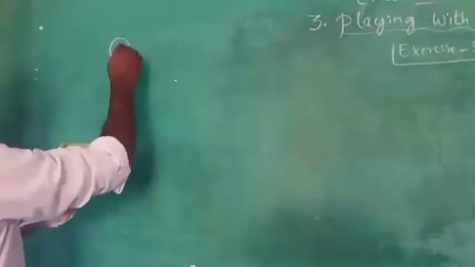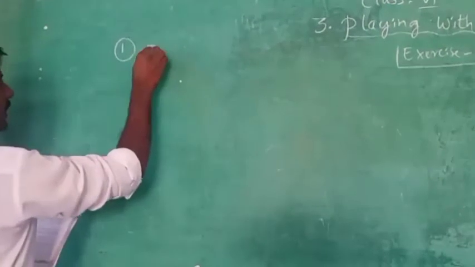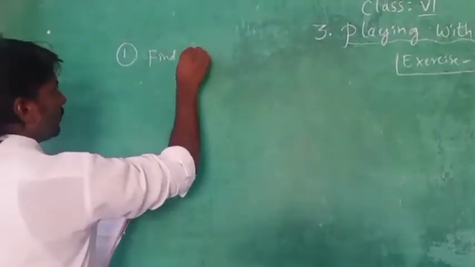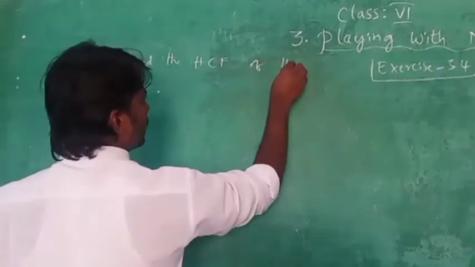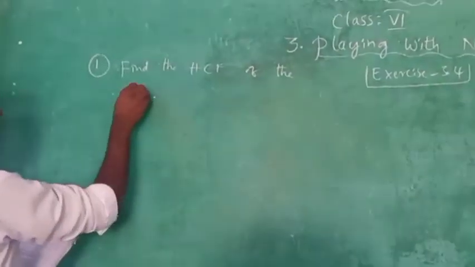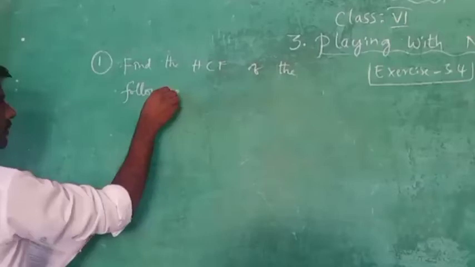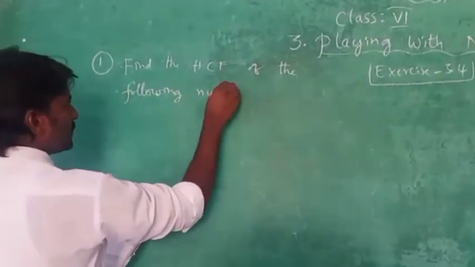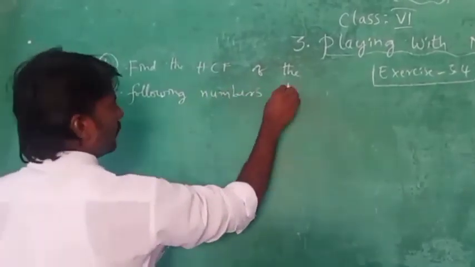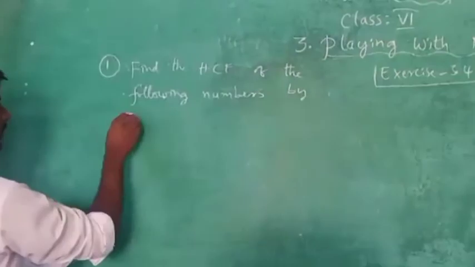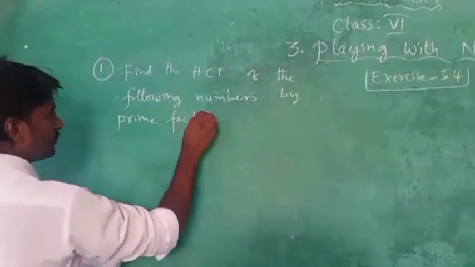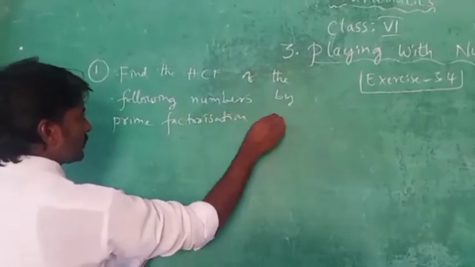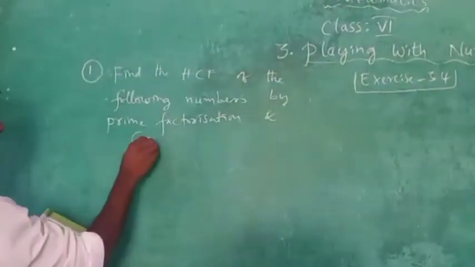First problem, what is given here? Find the HCF of the following numbers by prime factorization method and also continued division method.